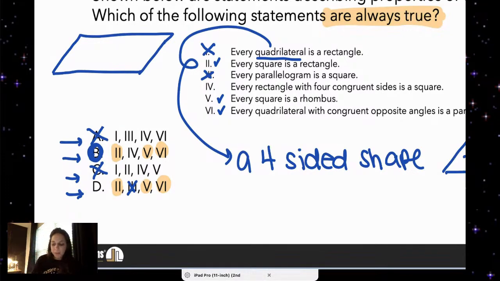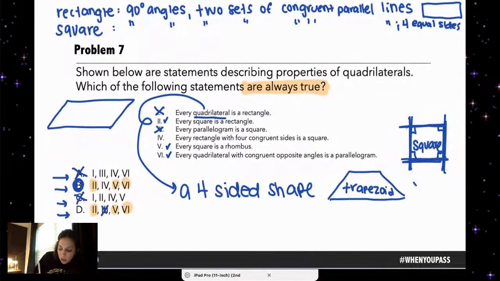Every square is a rhombus. That is absolutely true because the definition of a rhombus is a shape with 4 equal sides. So a square is always a rhombus because it has 4 equal sides. A rhombus can also look something like this. If all of these are congruent, it looks like a pushed over square.